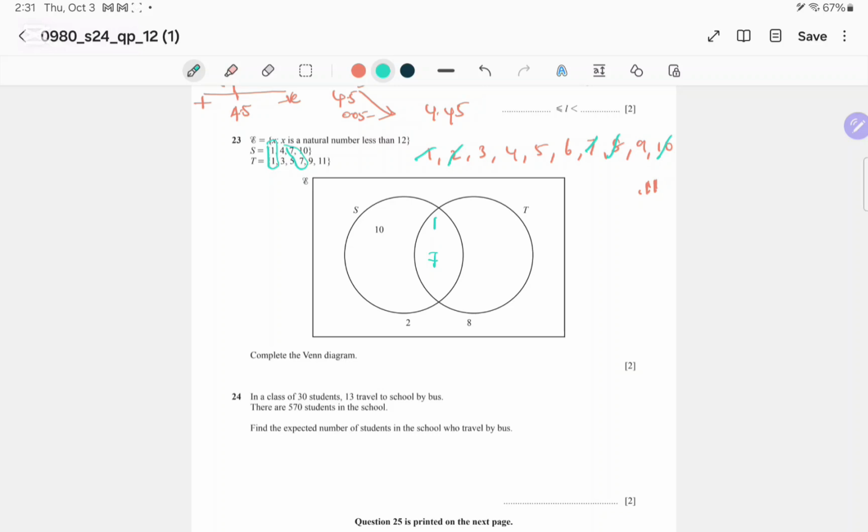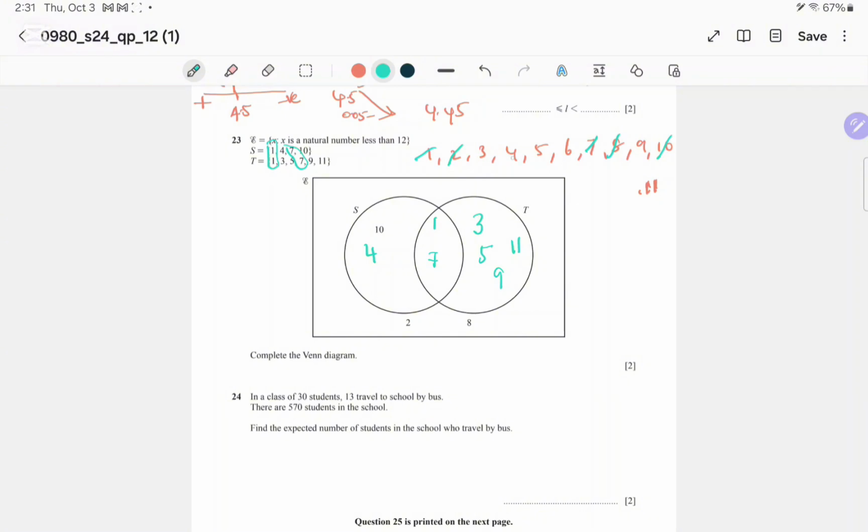Okay, what are the remaining numbers? It is 4. 1 is written there, 4 I am writing here, 10 already they have written. Okay, and next part T I am writing, it is 1 common, so it is written, 7 is also common, written, 3, 5, 9 and 11. Okay, 3, 5, 9 and 11 I have written here in the other part. Common numbers I have written in the intersection part in between. 2 and 8 given.